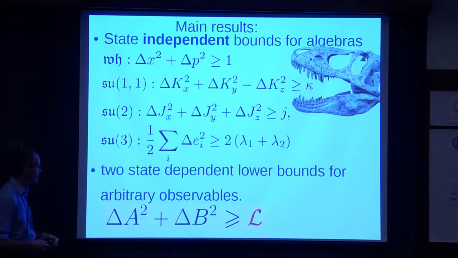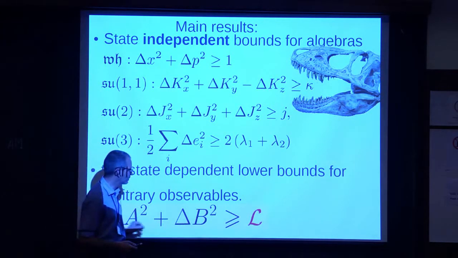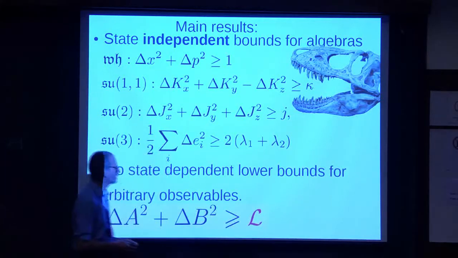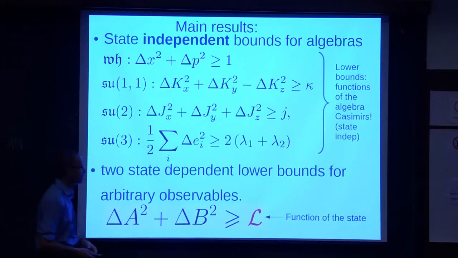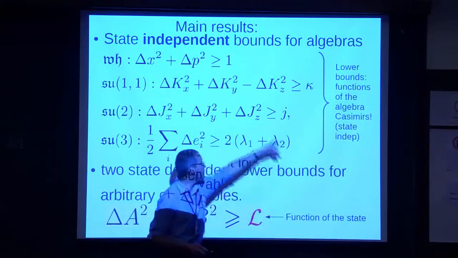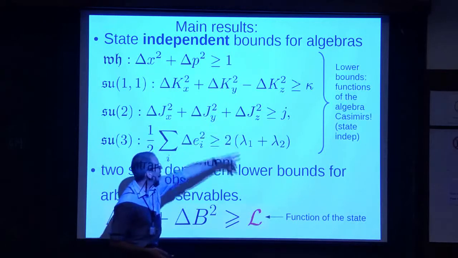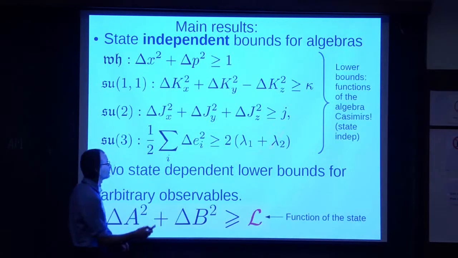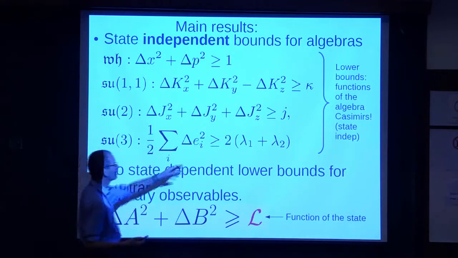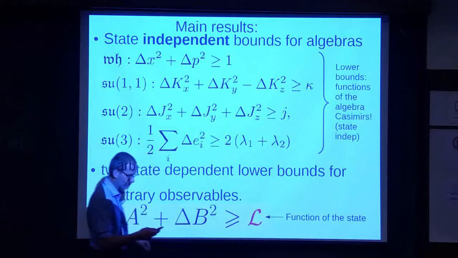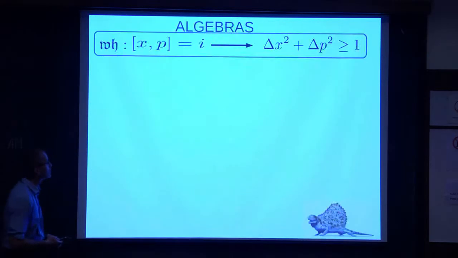You take an arbitrary A and an arbitrary B, we can find an L, which is a lower bound, but it will depend on the state. So this L will be a function of the state, whereas in these cases, you see that these lower bounds are all functions of the algebra Casimirs, and they are state independent. They are constants, okay? They just depend on the properties of the algebra.